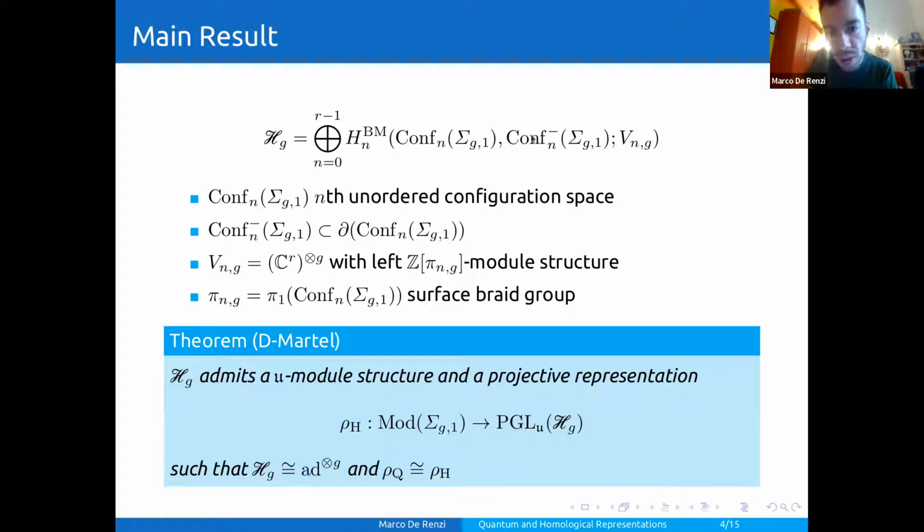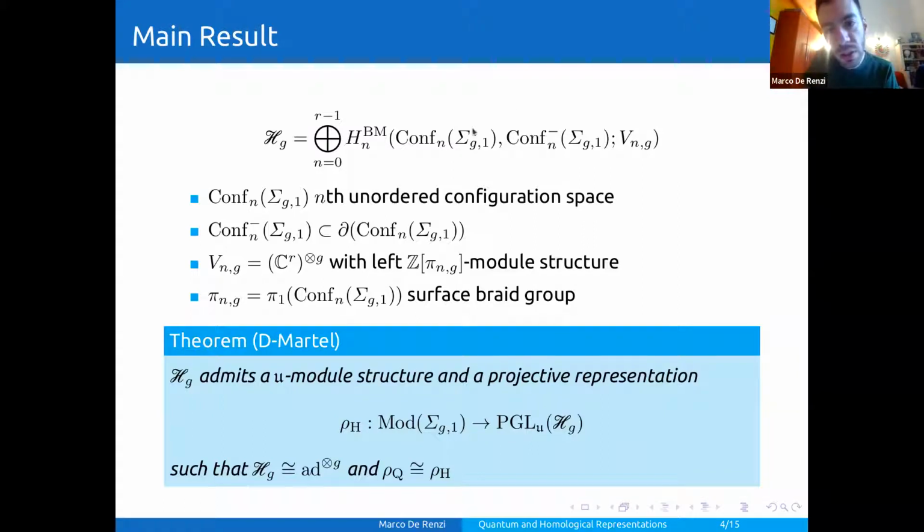Let me try to unpack this heavy notation a little bit. These are relative homology spaces, meaning homology spaces of pairs. The first term in this pair is the nth unordered configuration space of the surface sigma g,1, which means just unordered n-tuples of distinct points inside sigma g,1. I will write down a precise definition later.